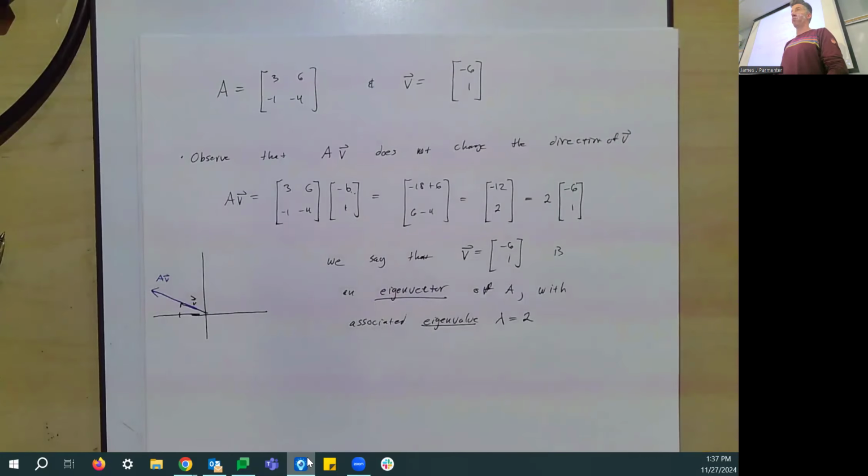So however much your vector got lengthened or shortened by, that is the eigenvalue. I should say whatever factor it got lengthened or shortened by.